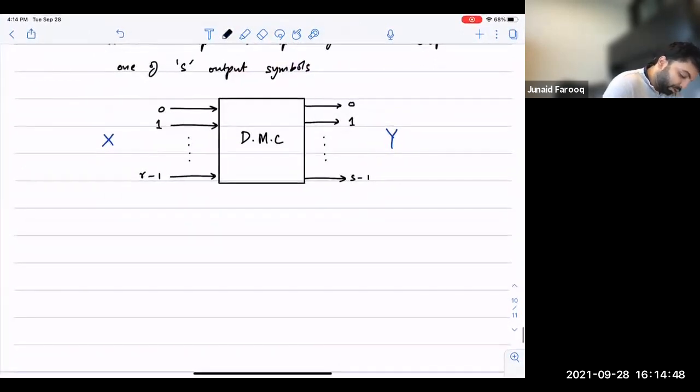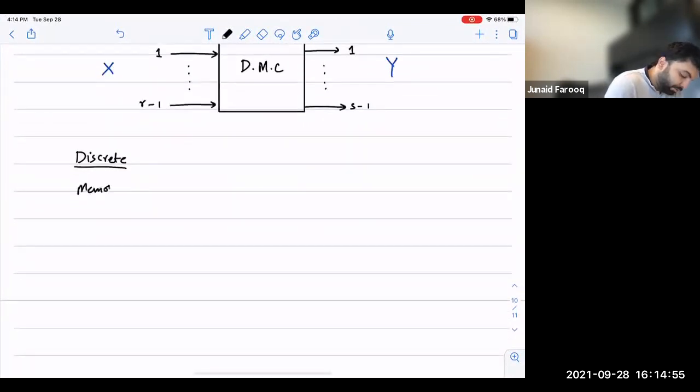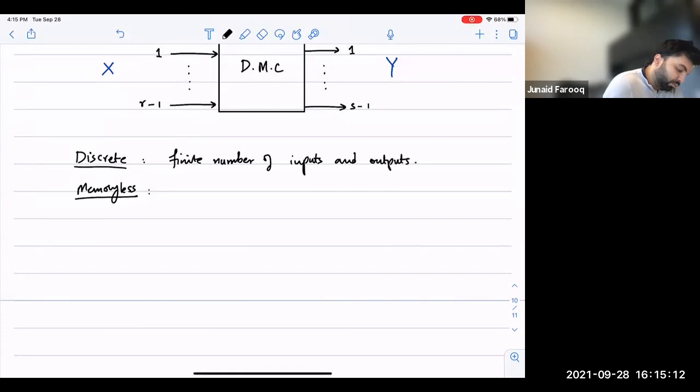Now the reason we call it discrete and memoryless is simple. Discrete comes from the fact that there is a finite number of inputs and outputs, while memoryless implies that the current output only depends on the current input.